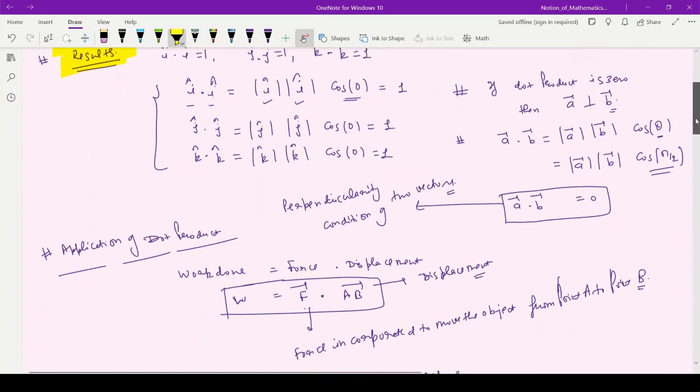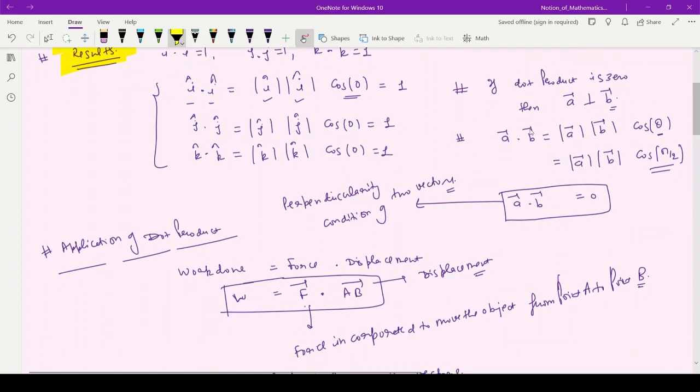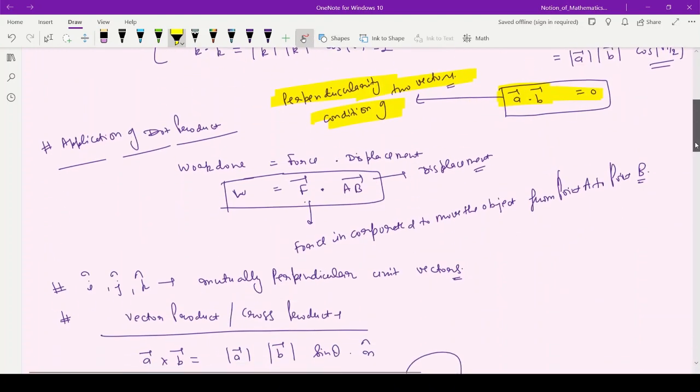Thereafter I discussed here the perpendicularity condition of two vectors, that is A vector dot B vector is 0. After that I discussed a formula based upon the application of dot product, that is work done. It is equal to F vector dot product with displacement.